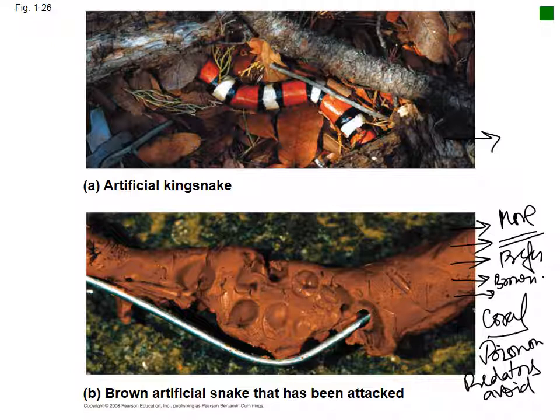Where would you find more attack seen on the brown snake is where you have the coral snake present. It is poisonous, so predators avoid it, and they prefer to attack brown ones. Got that?